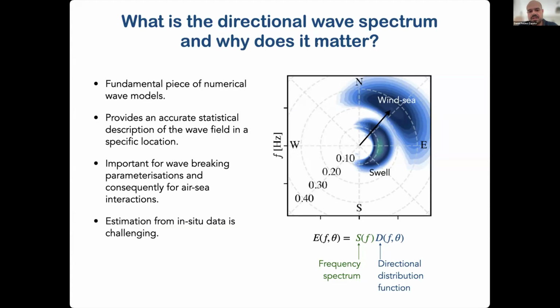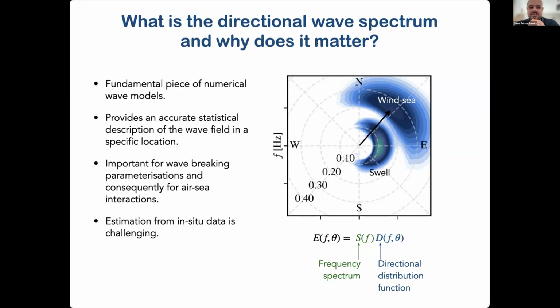You can distinguish the different components of the wave field, for example, different swell systems and the local growing wind sea, and you can separate their own contributions. This is also important for wave breaking parameterization and consequently for air-sea interactions, and for studying the effect of waves on the boundary layers and so on.